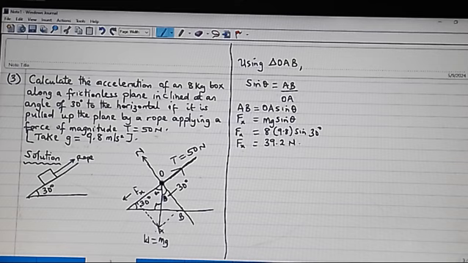So the total force along this plane will be, recall that force is always equal to MA. So whatever total force you are calculating, you must equate it to MA. Since the box is being pulled upwards with this tension, it implies that the tension is greater than this component of the force.